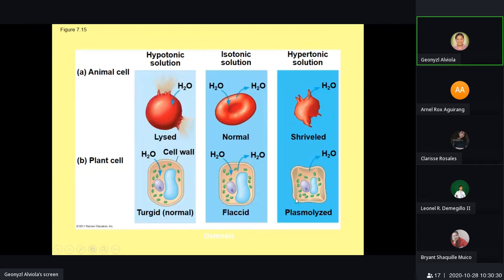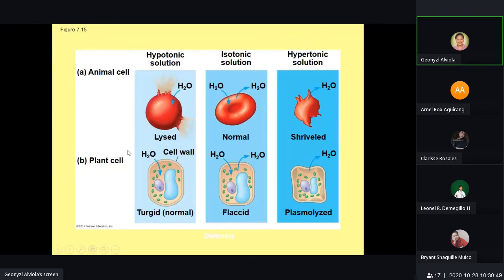So, meron silang cell wall. So, hindi basta-basta puputok. Tapos, hindi din masyado magkaroon ng changes sa shape because of the cell wall.